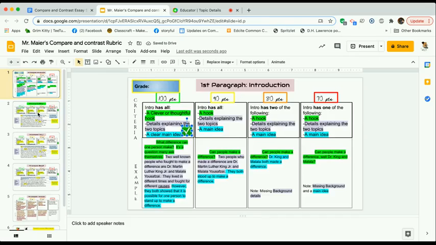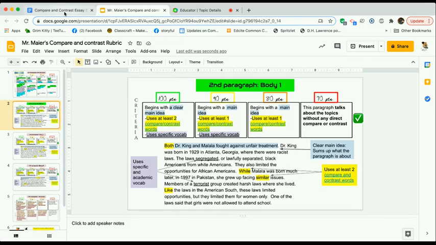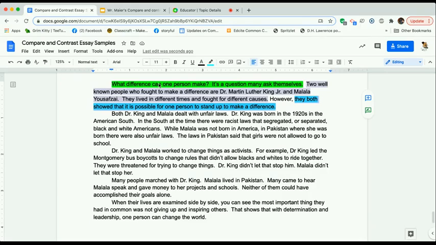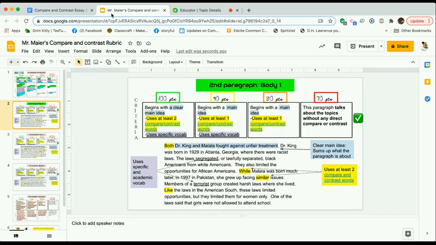We're going to look at another good example before we move on to examples of things that would need to be fixed. All right, so looking at the next paragraph, do I have everything I'm supposed to have? Now, my body paragraphs have different requirements. They're going to start with a main idea for just that paragraph. I'm going to state what I'm talking about for the whole paragraph in one clear sentence.